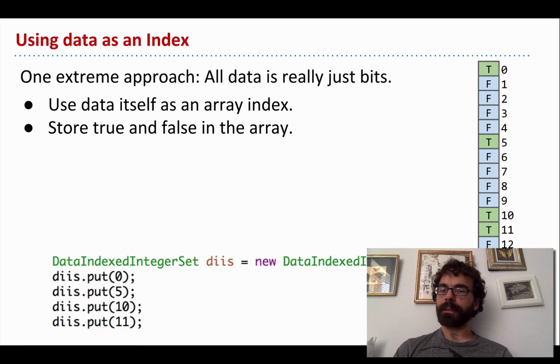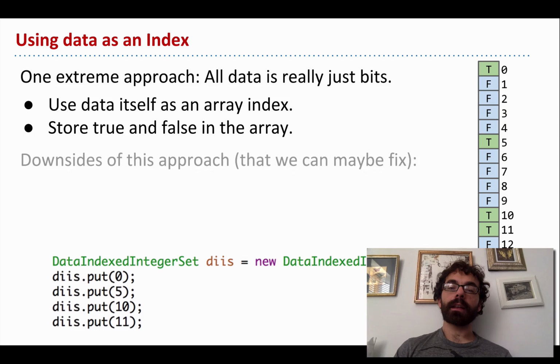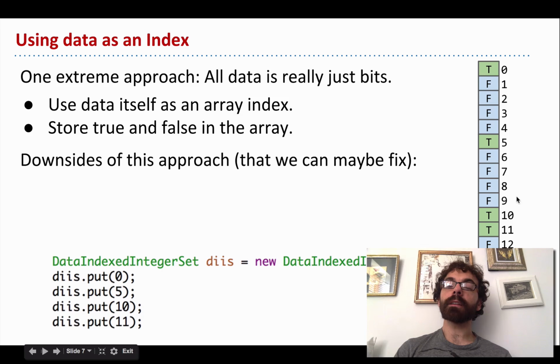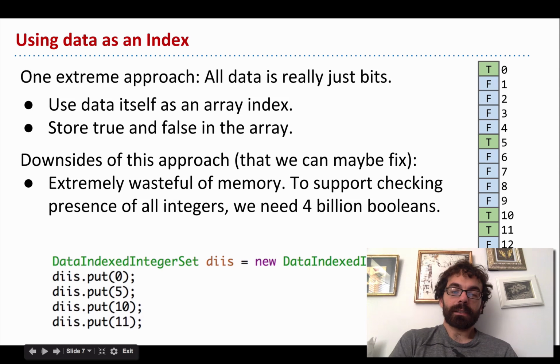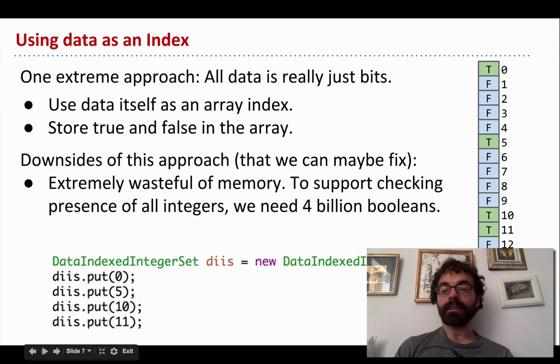Now, there are some significant downsides that I want to first raise before we implement. You'll notice a whole lot of this information isn't really useful exactly. I mean, by default, things are false, and here I'm throwing in all these trues. Ultimately, the problem is we're going to waste a tremendous amount of memory. Here I'm only showing 16, right?